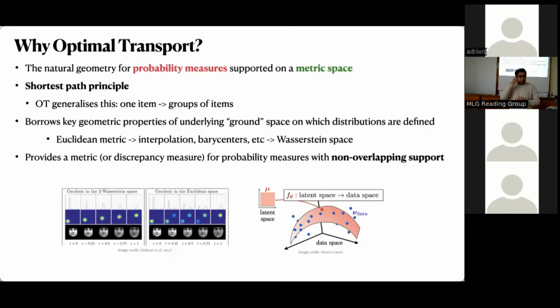But with optimal transport, there really isn't any requirement for there to be overlapping support between two distributions that you're trying to compare. And there are also nice connections to other integral probability metrics, such as maximum mean discrepancy and other kernel-based distances like energy distance that you could interpolate to from Wasserstein spaces.